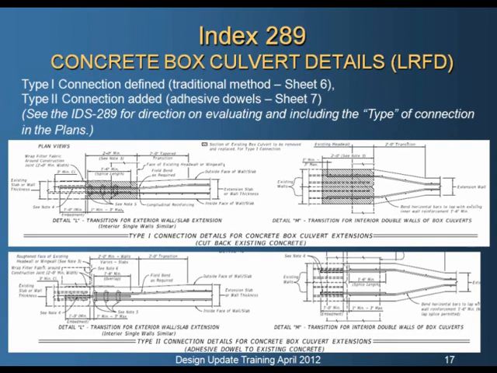So I encourage you to read through that and look at these changes. This should eliminate the need in some cases for temporary sheet piling adjacent to the face of the box culvert, where you have a roadway shoulder close to the edge of the culvert. So hopefully this will reduce the costs of some of these extensions.